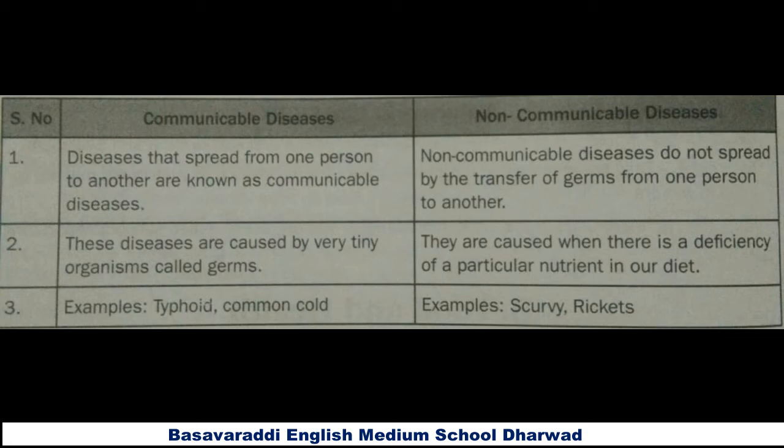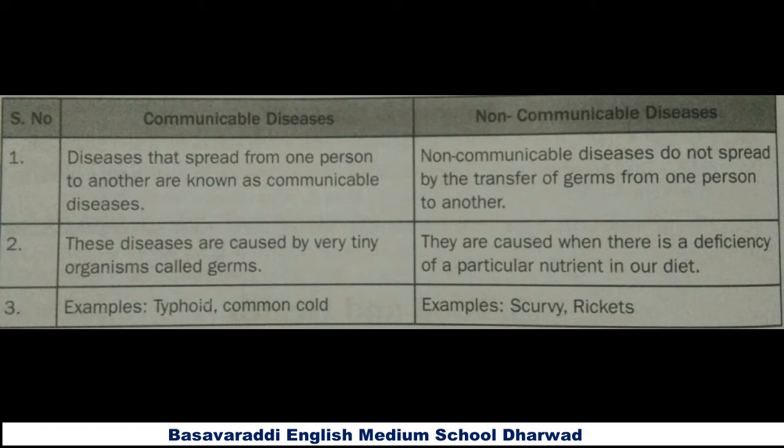The first one, communicable diseases, and second column, non-communicable diseases. In the first column, communicable diseases: diseases that spread from one person to another are known as communicable diseases. These diseases are caused by very tiny organisms called germs. Examples, typhoid, common cold.